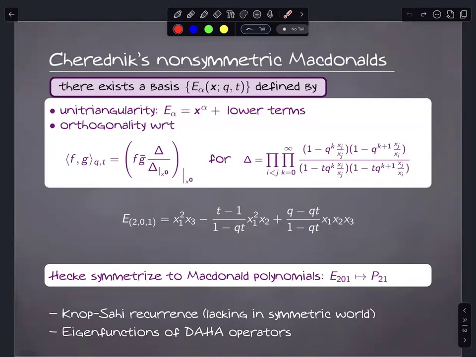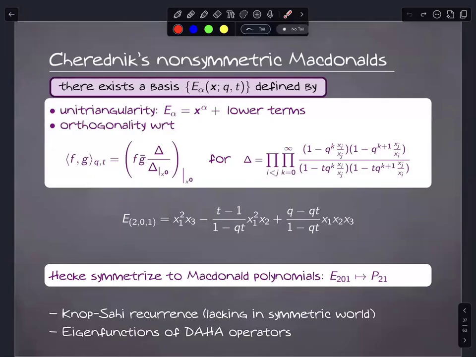But anyway, whatever. So the other thing about these polynomials is that you can Hecke symmetrize them to get a usual Macdonald. And that's pretty important, I think, in the way that my work has gone in my life, because Cherednik had his work for the non-symmetric Macdonalds, but one of the things that Knop and Sahi did was that they discovered that you could come up with these recurrences for the non-symmetric Macdonalds that did not exist for symmetric Macdonalds.